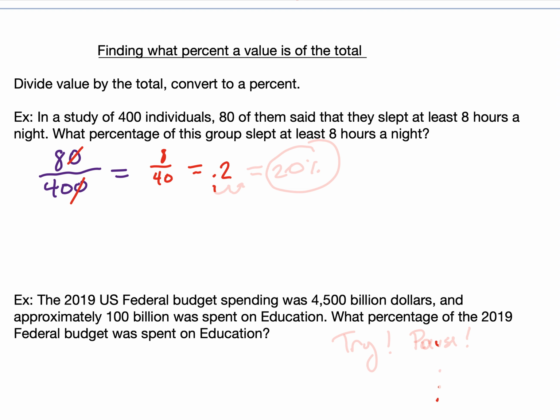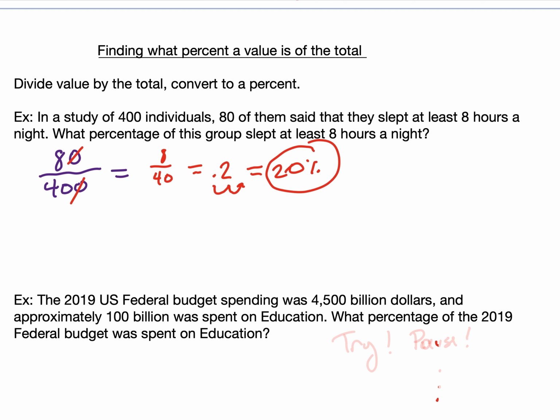If we divided it in a calculator, or the same thing as 0.2 is move the decimal place 2 places over, 20%. So 20% of the group slept at least 8 hours a night. If you did that in a calculator, again, you would get the decimal 0.2, and then you would want to convert it to a percent.